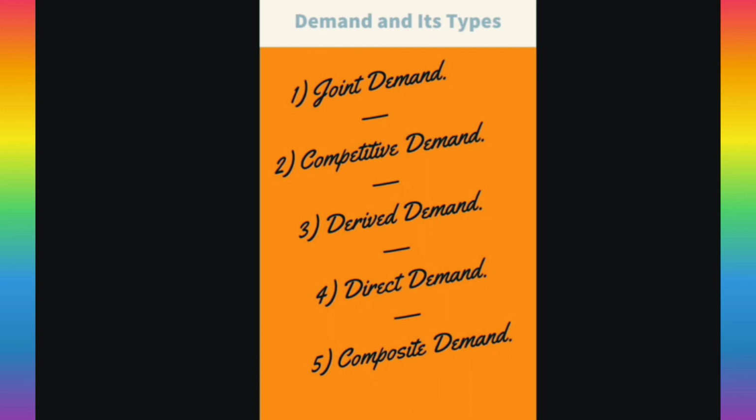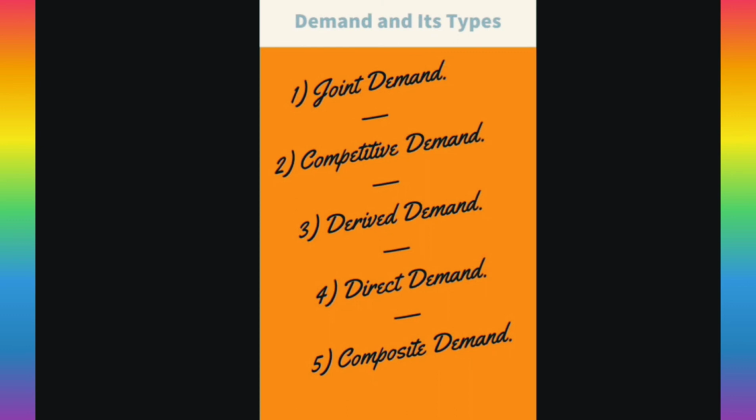What do you mean by that? The demand for such commodities which are directly demanded by the consumer for the satisfaction of his want is known as direct demand, such as demand for food, cloth, housing, etc. Such demand is known as direct demand because they directly satisfy human want.